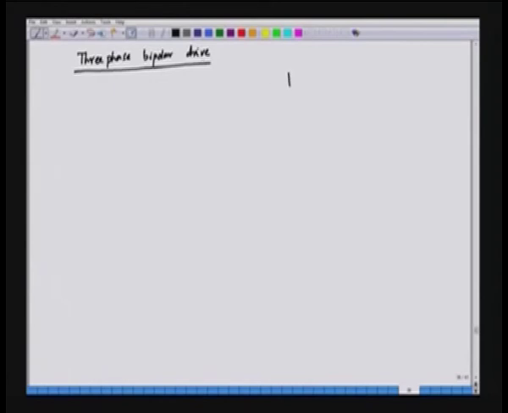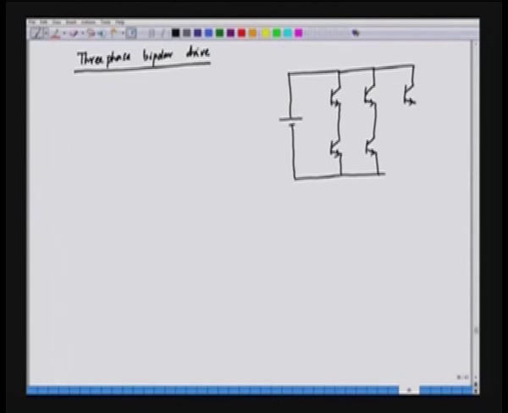We have an inverter. An inverter has 6 transistors here, and these are the antiparallel diodes.